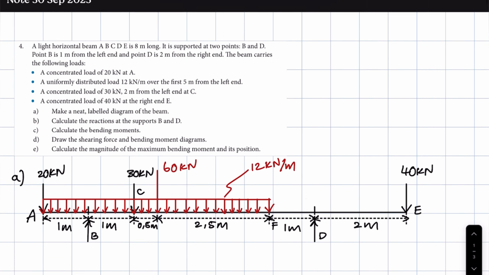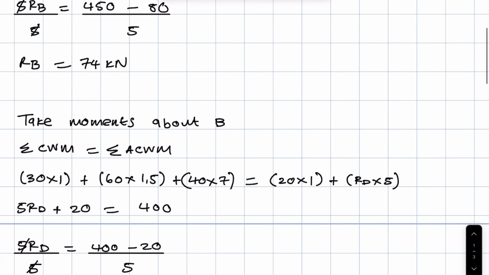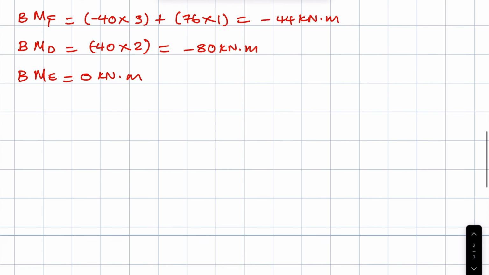Now before we do that though, they say draw the shear force as well as bending moment diagram. As far as drawing the shear force and bending moment diagram, always redraw the beam first and show all the important points. And then from those points you draw vertical lines from all your important points.